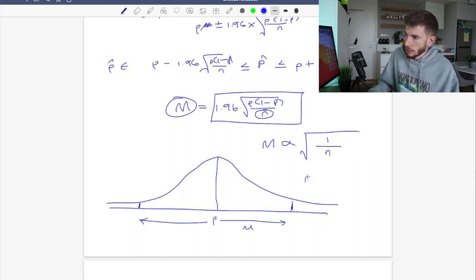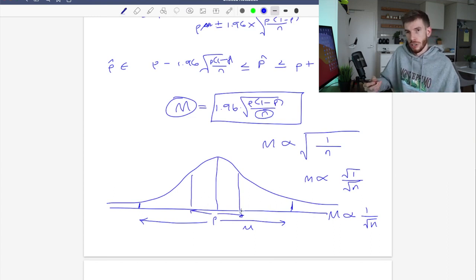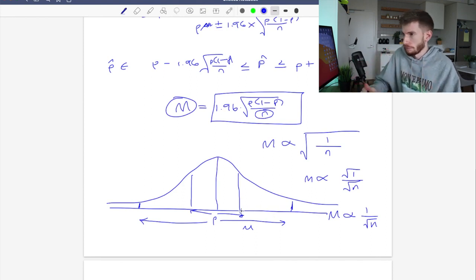So we can see here that there is an inverse square root proportionality between the margin of error and the sample size. So as you increase the sample size, you will decrease the margin of error, and that will actually make your data more accurate, which also explains why in something like a science experiment, the larger the trial number, the more accurate and reliable your data is, because you're actually lowering your margin of error based on how that statistic is distributing itself. And there we go.